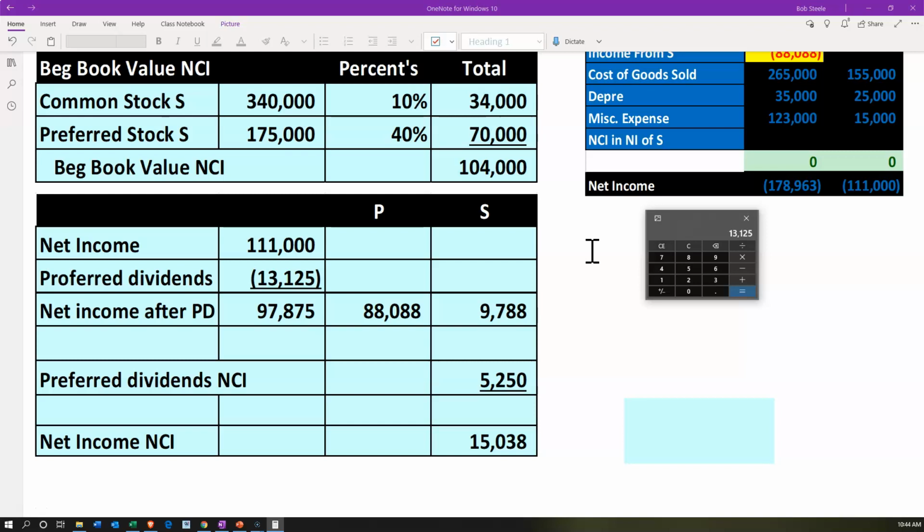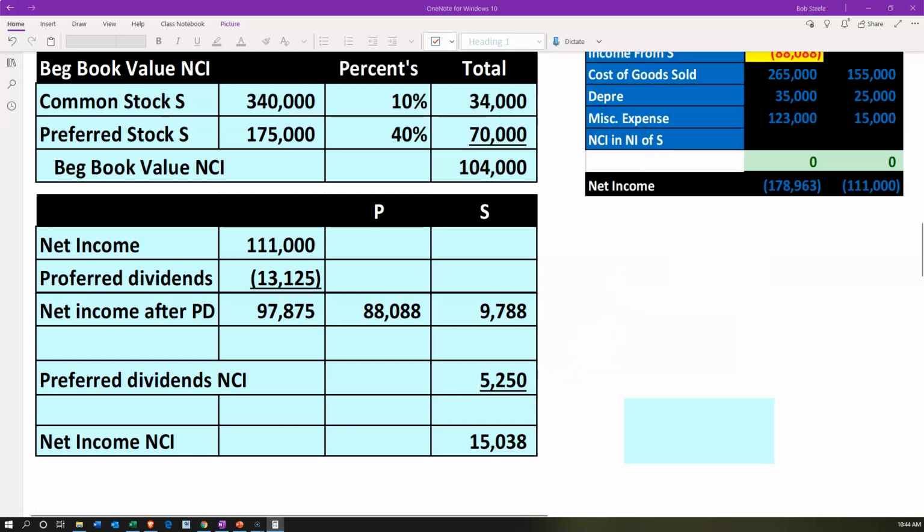The preferred dividends were broken out 60-40, so the non-controlling interest would be the 40. So I'm going to say times 0.4, and that gives us the 5250. Then if we take that and add it to the 9788, we get the 15,038. So there's our 15,038, basically the net income including the non-controlling interest portion of the preferred dividends.